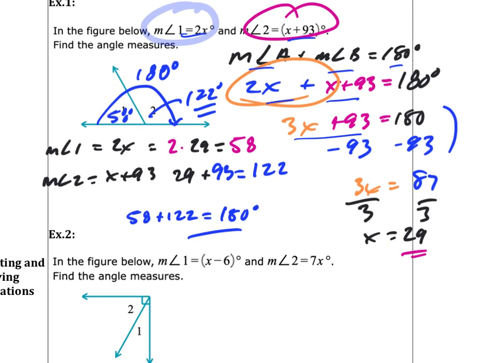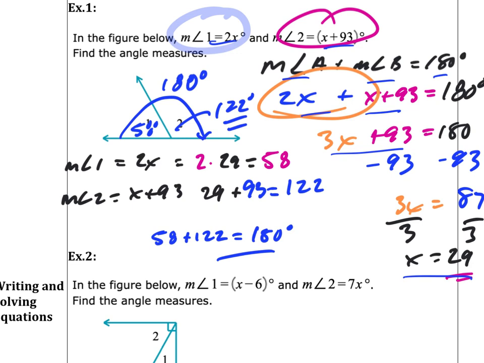We solve the equation, we get x equals 29. And then we have to remember, we didn't just find the measure. We have to go back and figure out by substituting x into those original expressions for the angles measure. And we plug that in and figure it out. And we can always check it by making sure that they add up to the degrees.